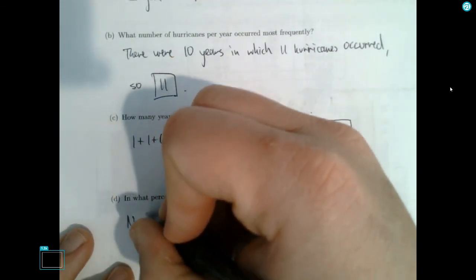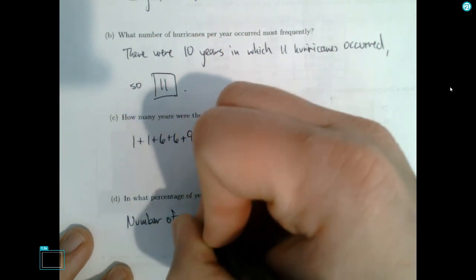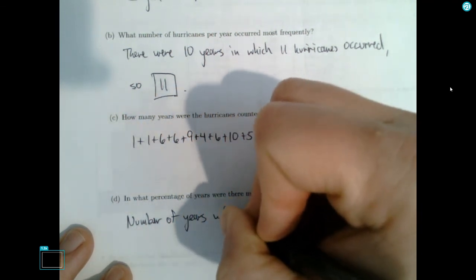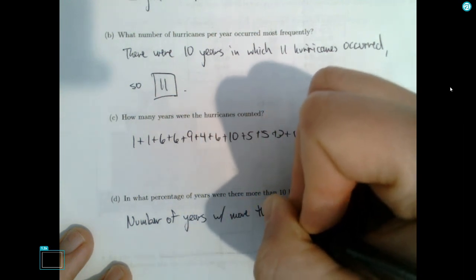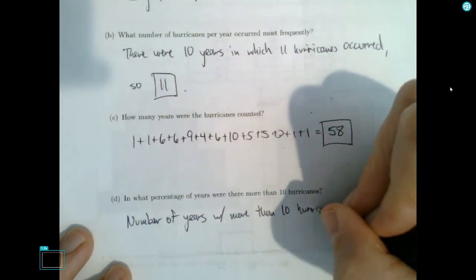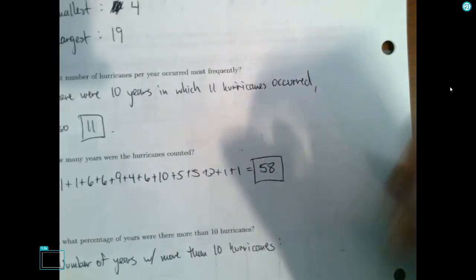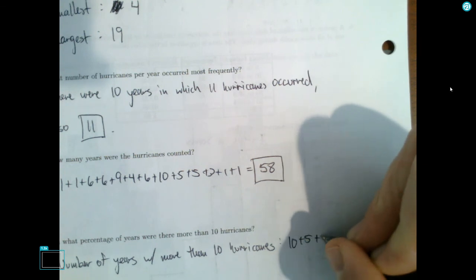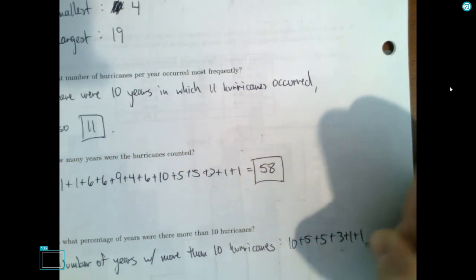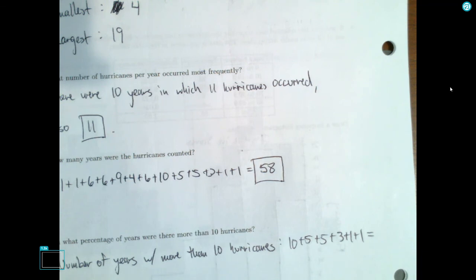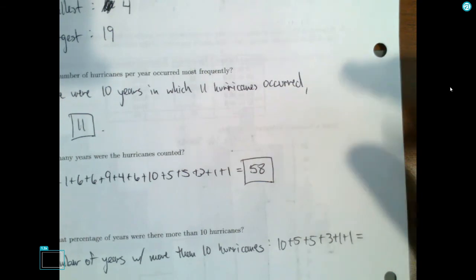So first we'll get the number of years with more than 10 hurricanes. So 10 plus 5 plus 5 plus 3 plus 1 plus 1, which is 25.